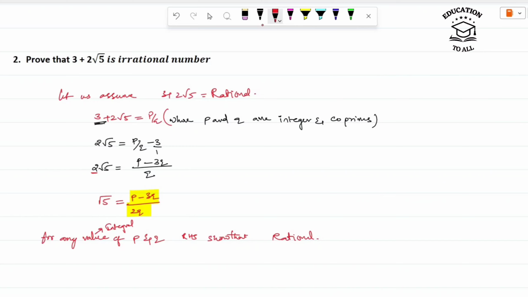If it is rational, can I say root 5 is also rational? Then root 5 is also rational. But it contradicts the fact, so our assumption is wrong. It contradicts the fact that root 5 is irrational.